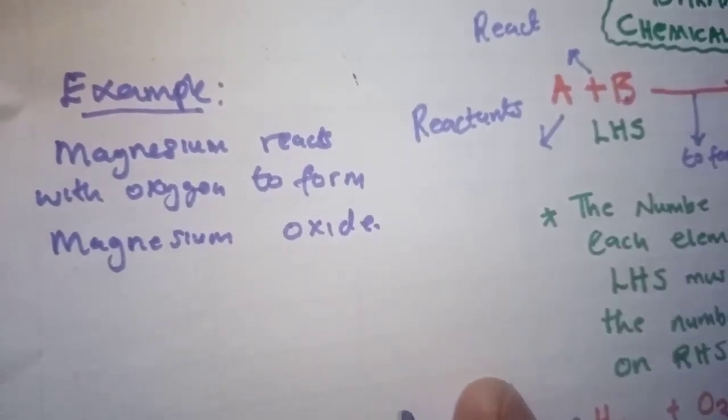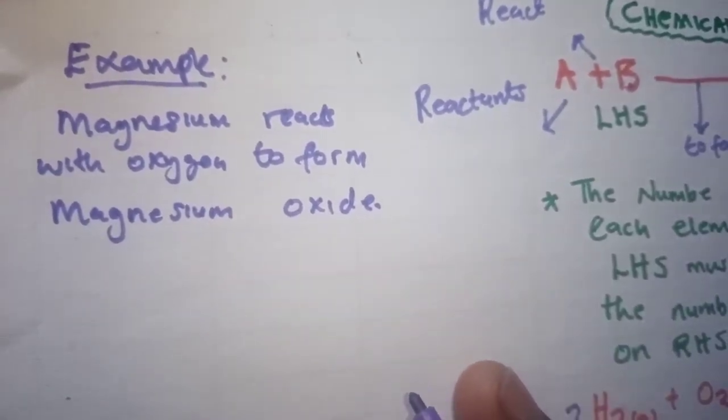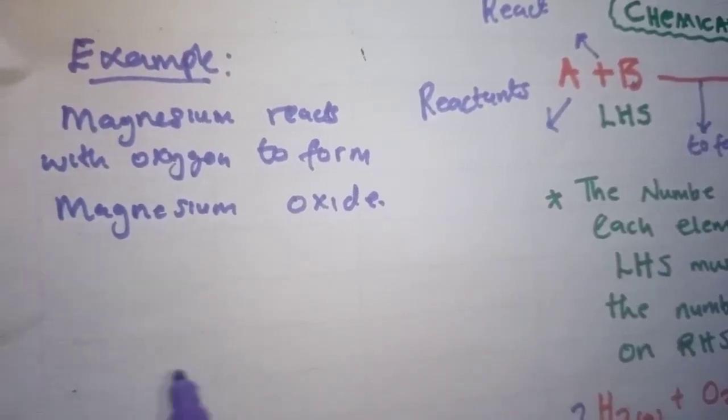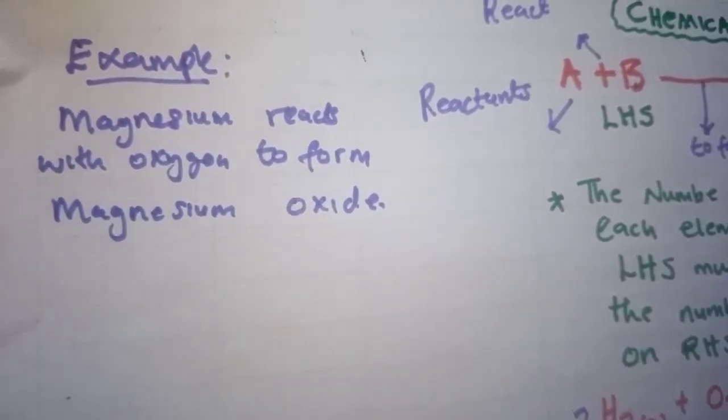Okay, so for chemistry, always make sure you have a periodic table, and also you need to memorize the radicals and their valencies. Okay, so let's write this equation.